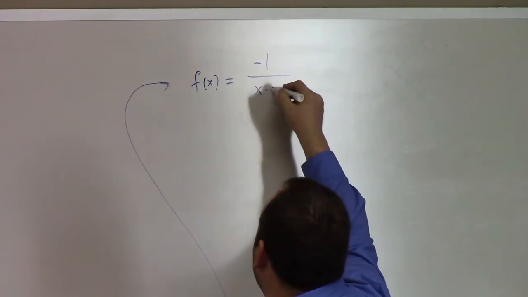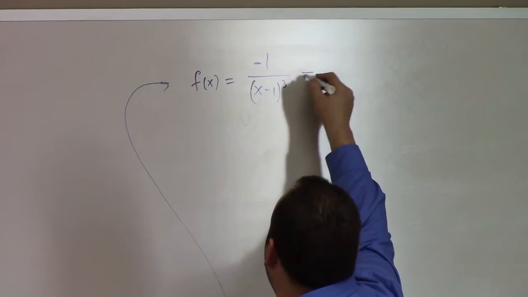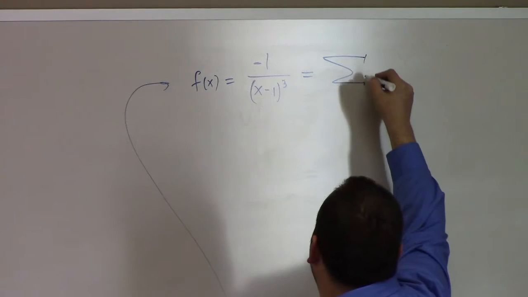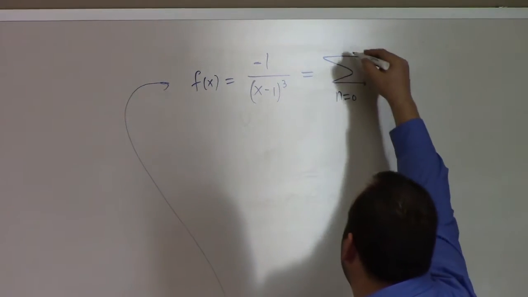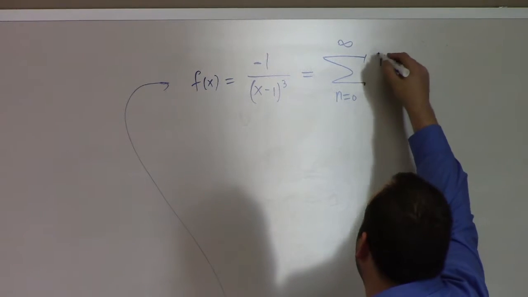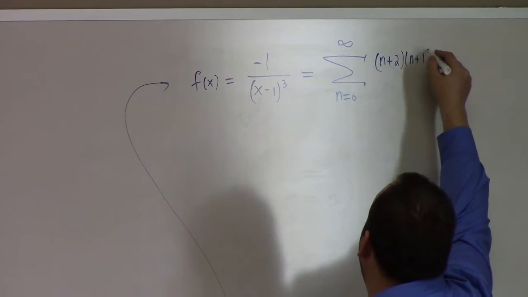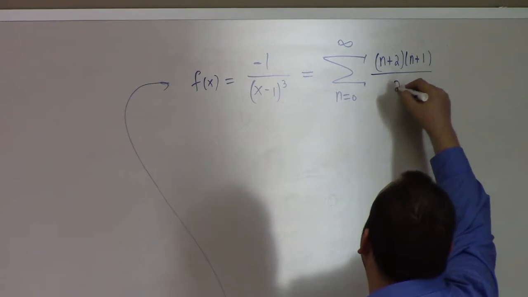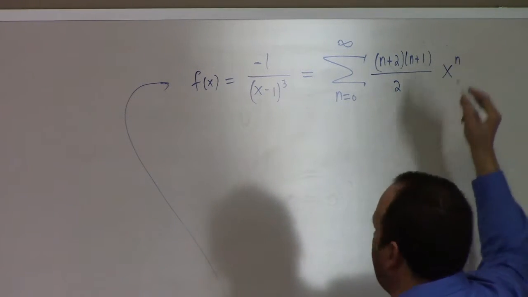Minus 1 over x minus 1 cubed is equal to the sum, n equals 0 to infinity, of this thing, n plus 2 times n plus 1 over 2 times x to the n.